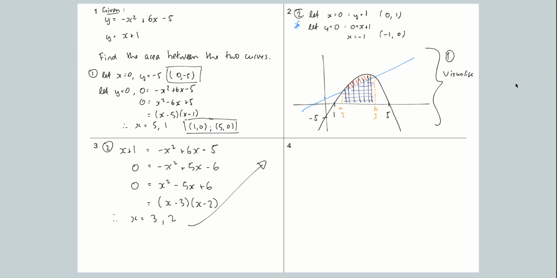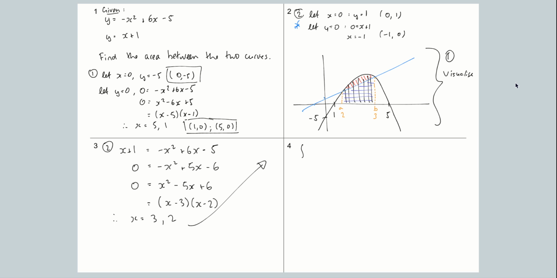Okay, so that's really good. We've got our lower bound and our upper bound. So now I can proceed with step 3, and I can work out the integral of, oops, I'll just change colors.